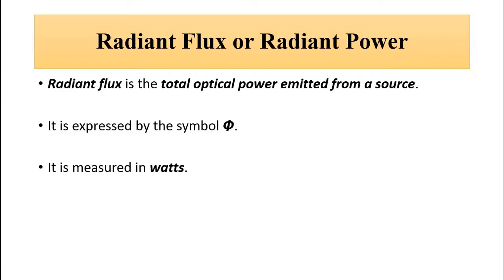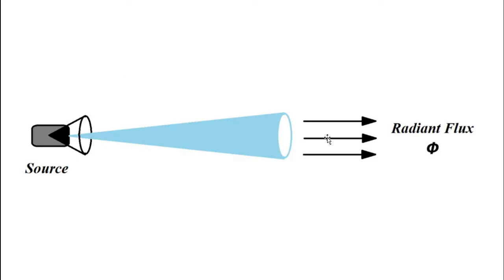Radiant flux is the total power emitted from the source, or the total radiant energy emitted per second from the source. In the case of luminous flux, it was the total visible power emitted from the source, that is, energy in the visible frequency or wavelength range. It is also denoted by the symbol phi.